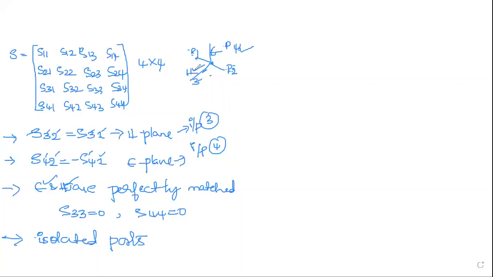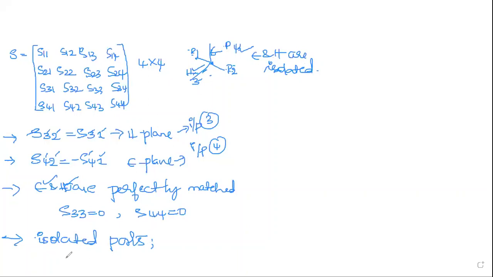When you give the input to the H plane, the other port will not give the output across the E plane, which means it is designed in such a way that E and H are isolated from each other. So those are called isolated ports.